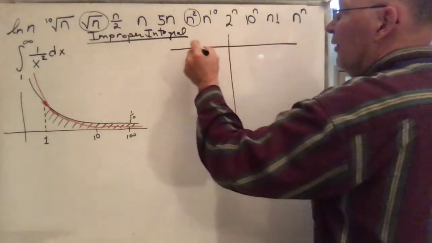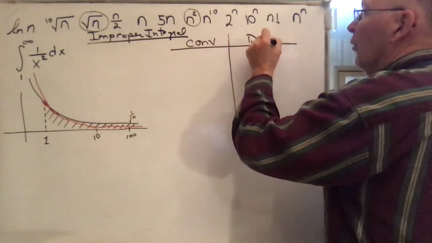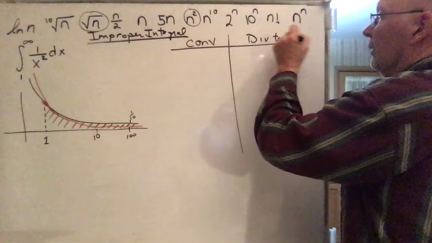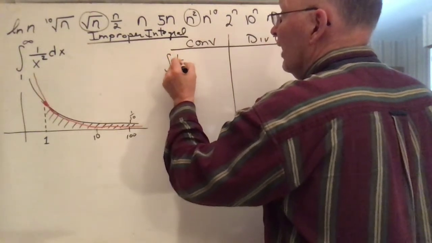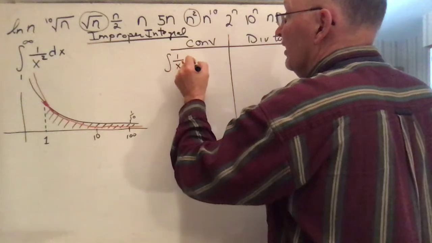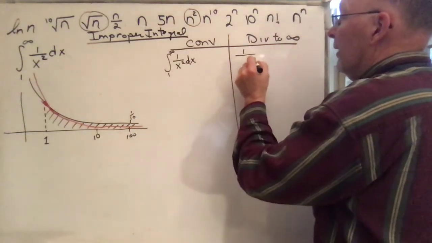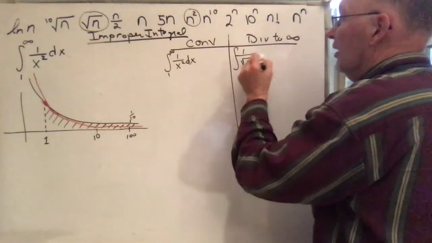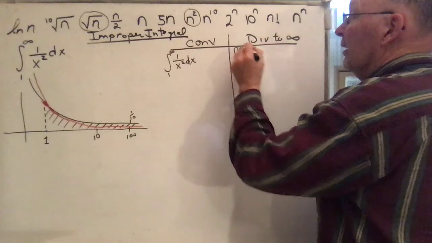Let's say that these are the ones that converge to a finite number. These are the ones that diverge to infinity. Over here we have 1 over x squared dx from 1 to infinity. Here we have 1 over square root of x dx from 1 to infinity.